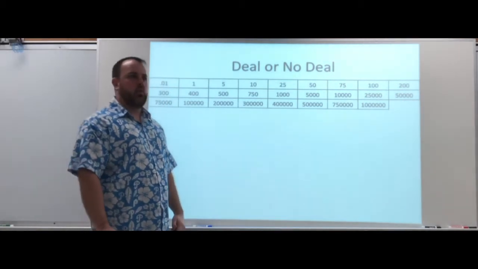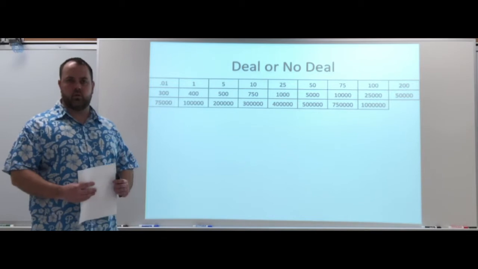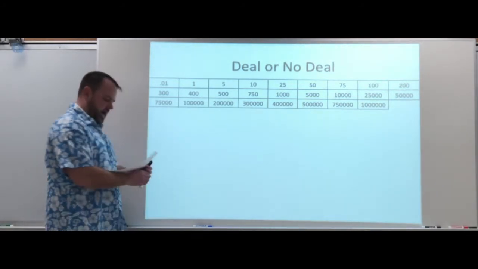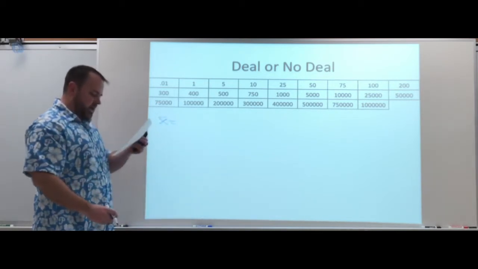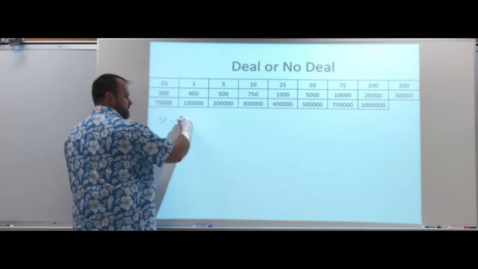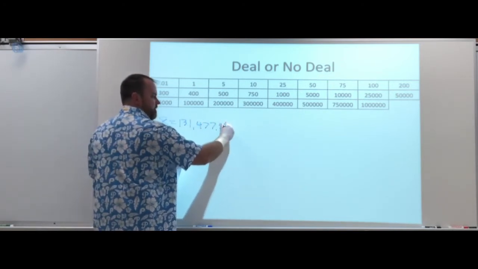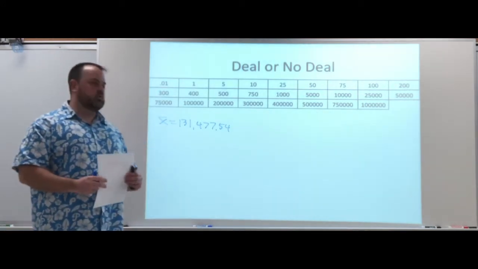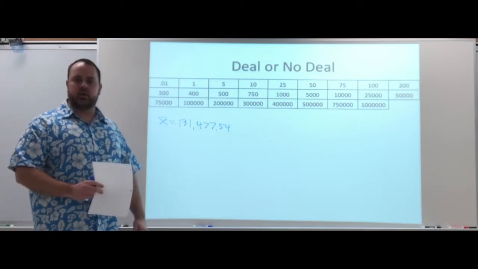Now, when they would advertise this, they would talk about the average amount that you could actually win. And the average amount here, let's take a look at it. We have it as $131,477.54. So if you're saying, okay, you play this game, you have a chance to win an average amount of $131,000, that's pretty good.